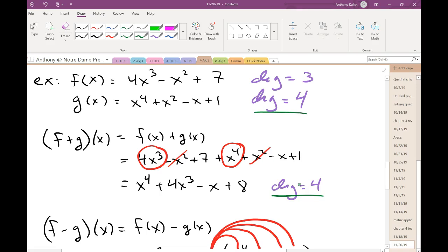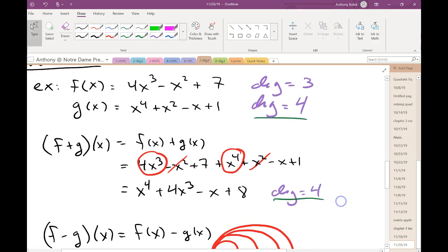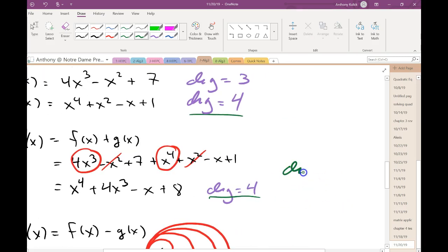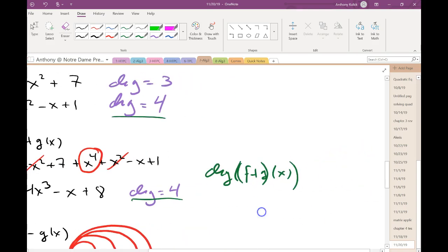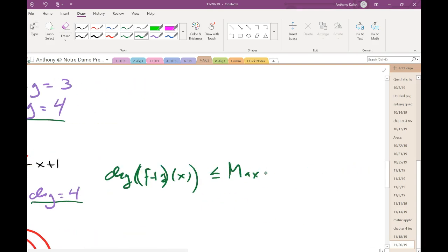Did you notice those were the same? What's going on here? The degree of f plus g of x is going to be, I guess I should say, less than or equal to the maximum of the degree of f and the degree of g.